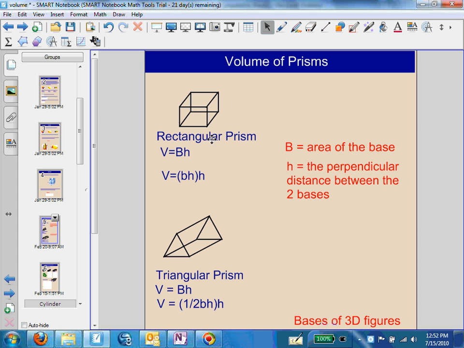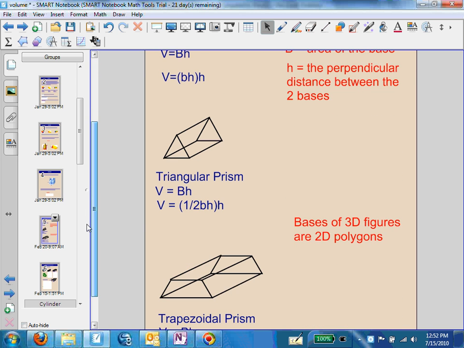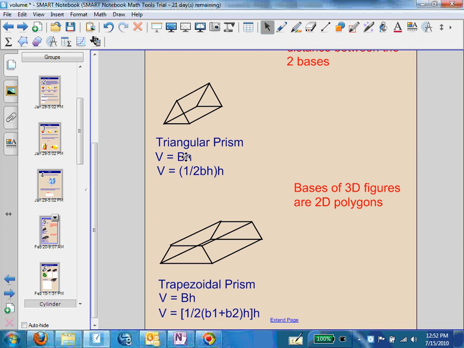So with a rectangular prism, we know that the area of a base is going to be base times height, or length times width. You can think of it either way. And then you multiply that times the height of the prism itself. With a triangular prism, again, it's still just B times h, where the capital B actually means area of base.